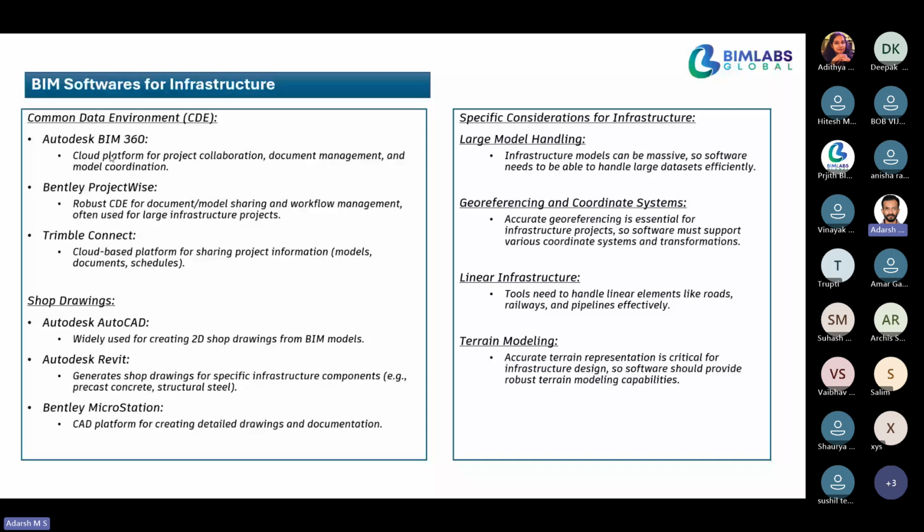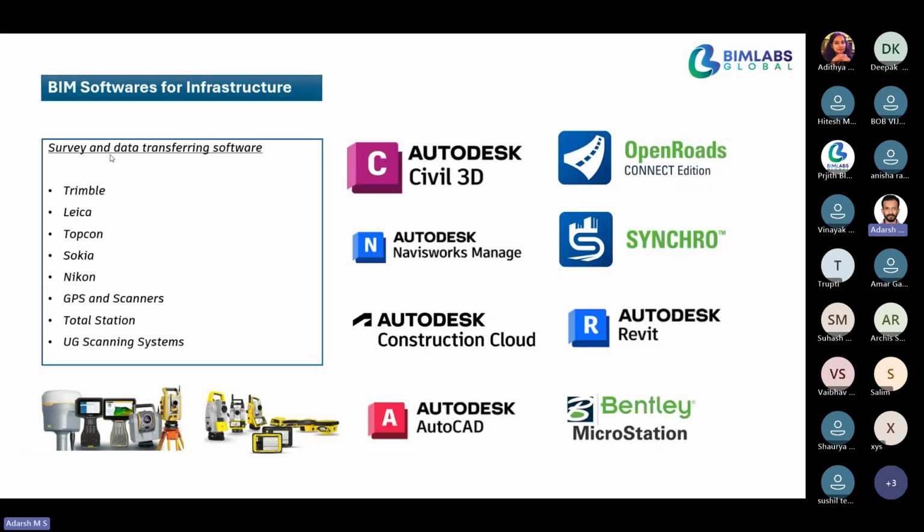Then we can use the tools for georeferencing and coordination. For linear infrastructure, we can use these tools to create models of roads, railways, pipelines, etc. in a very effective manner. Then we can use these tools for terrain modeling, and for site planning as well. So these are the software that we will use in BIM infrastructure modeling.